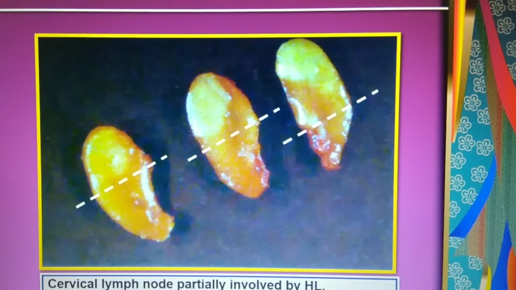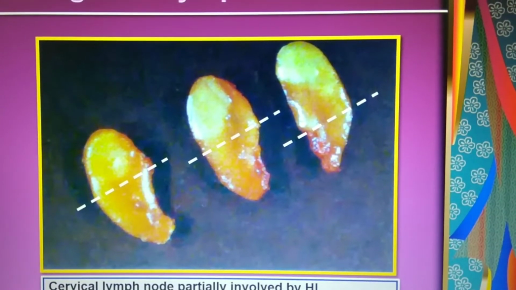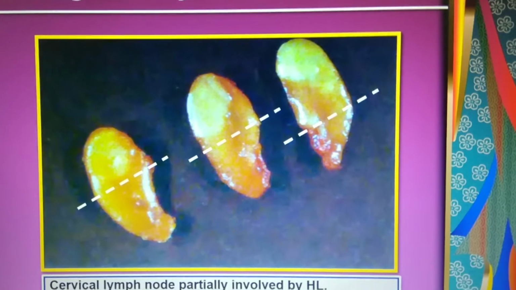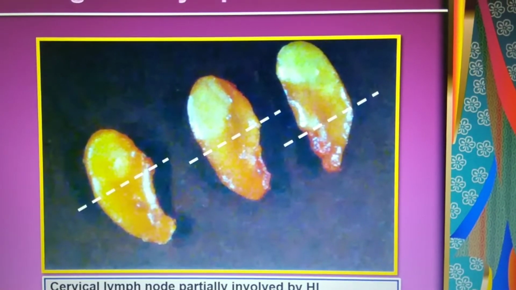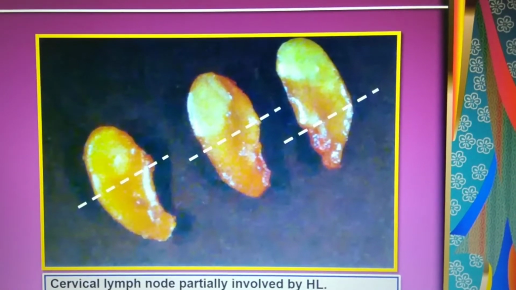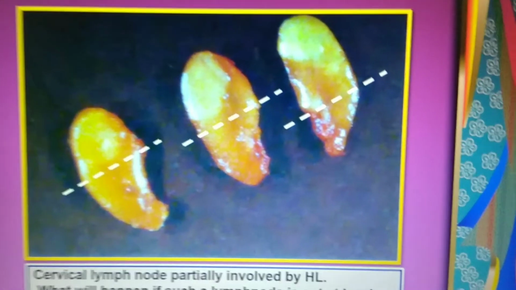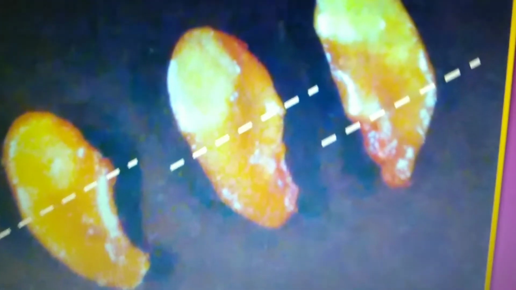Just think what will happen if you divide the lymph node across, as shown by the horizontal dashed white lines, and submit, say, the upper parts to one lab and the lower parts to the other lab.